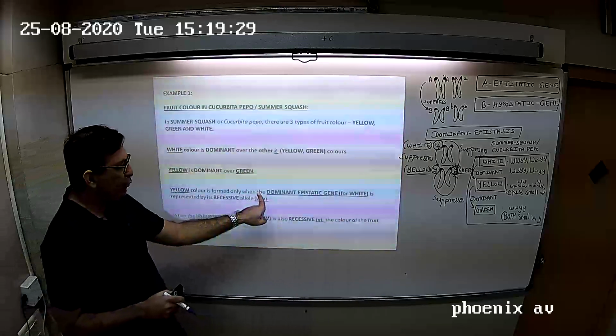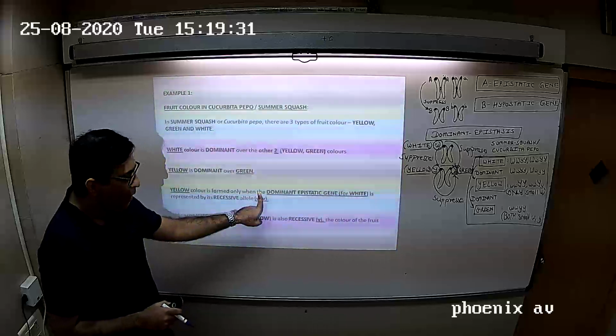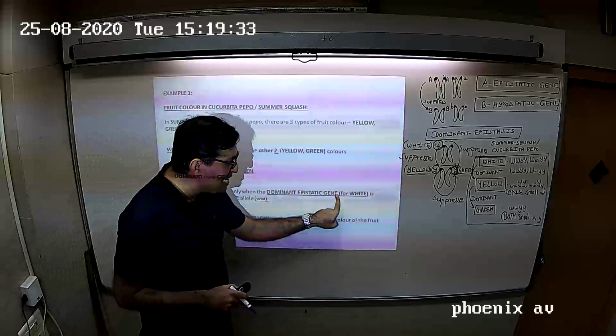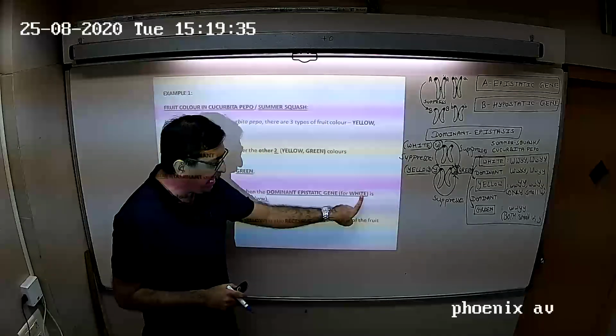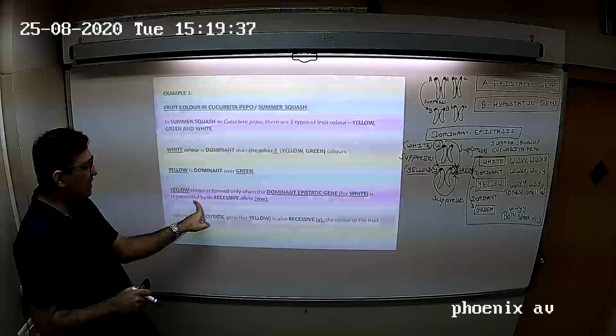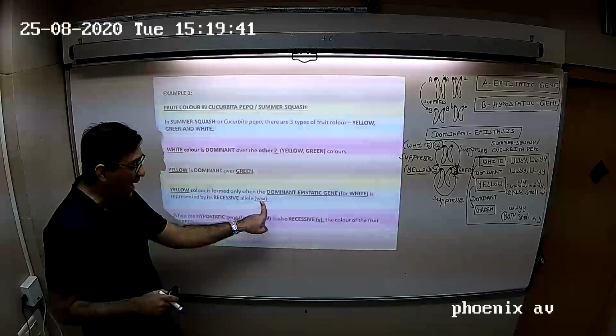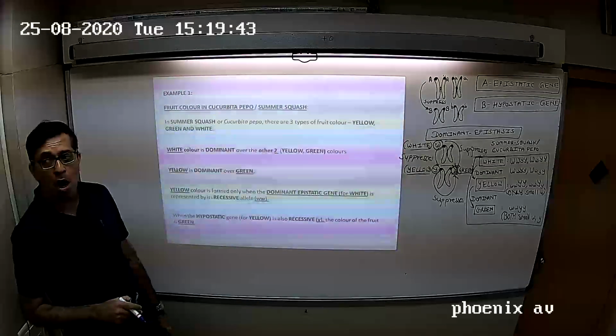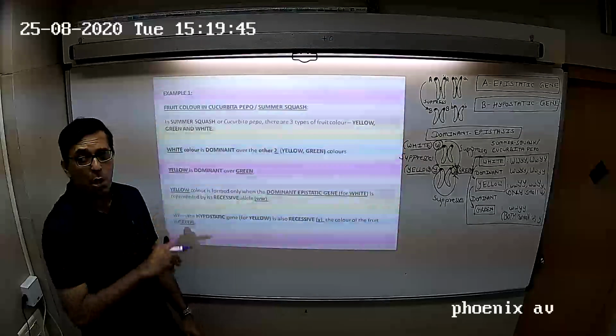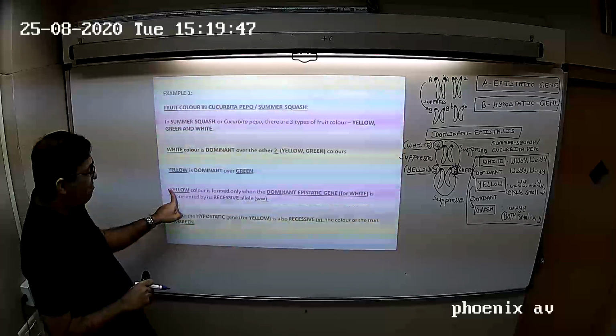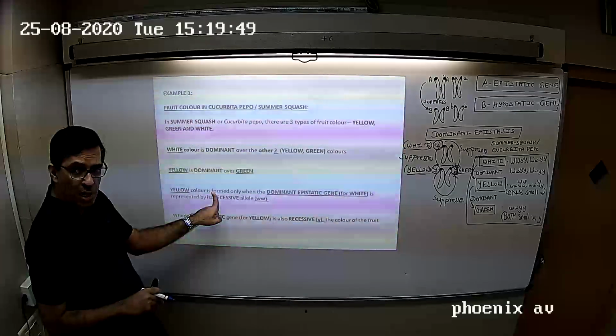Yellow color is formed only when the dominant epistatic gene for white is represented by recessive allele small w. ये word जरूर याद रखना. When will yellow color be formed?